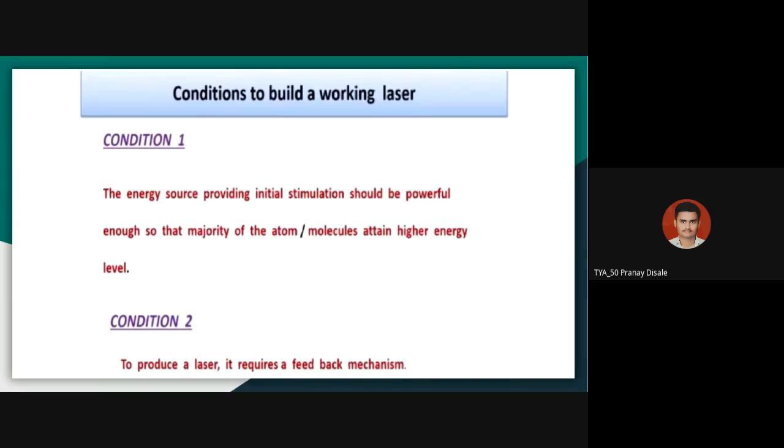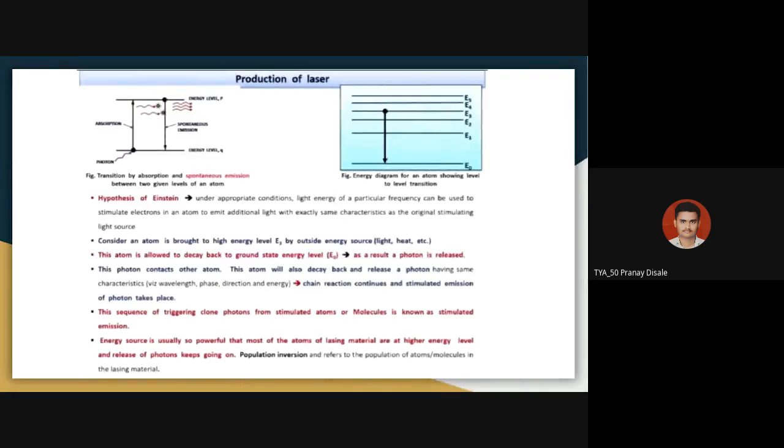Okay, now you got the idea about how that stimulated emission is produced. From your atoms which are present at the higher energy level, by coming back to the lower energy level, the photons are released, and that is laser.